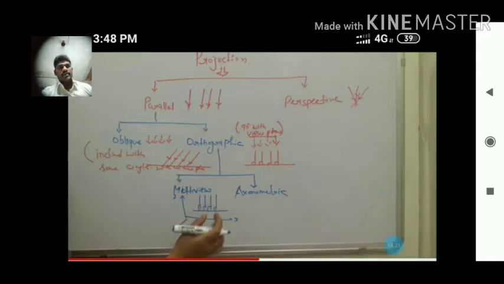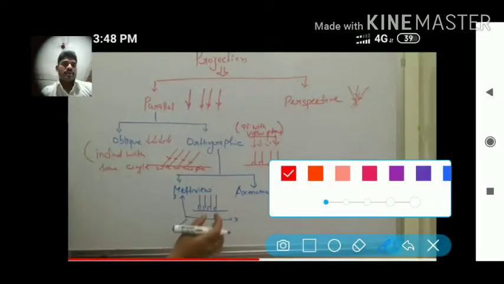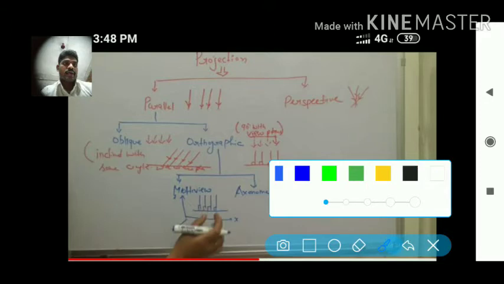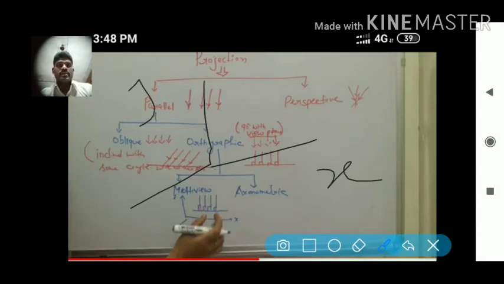Now listen, I will draw here, so I will use another color. We can take green, or black. Nice. I take it now here. This is the x-axis, y-axis, and z-axis.